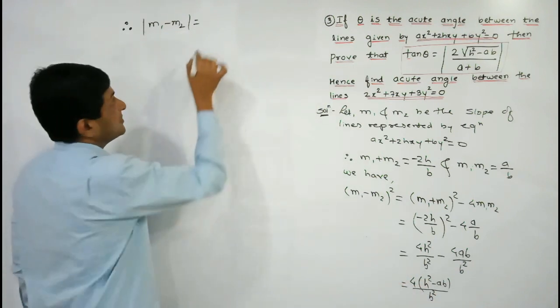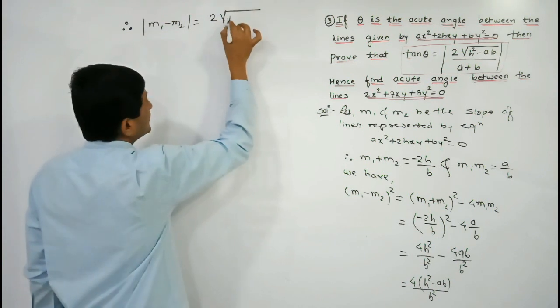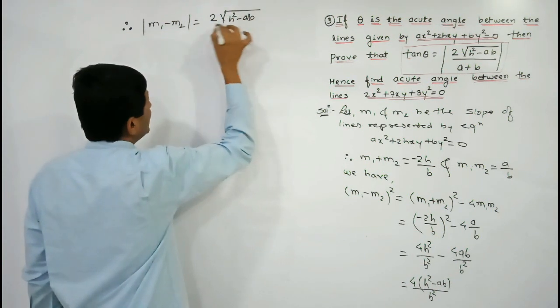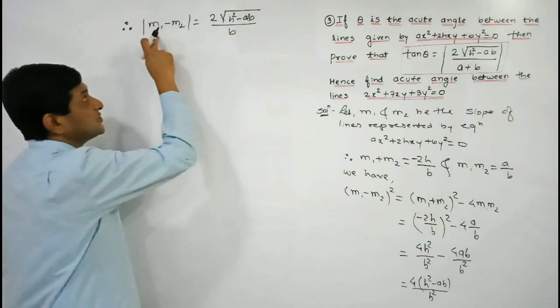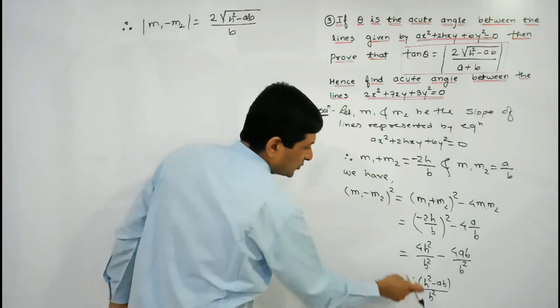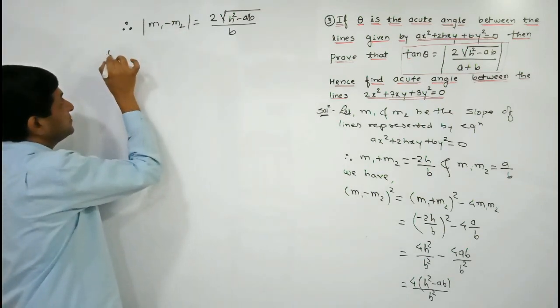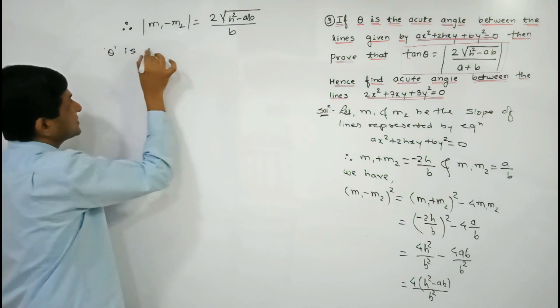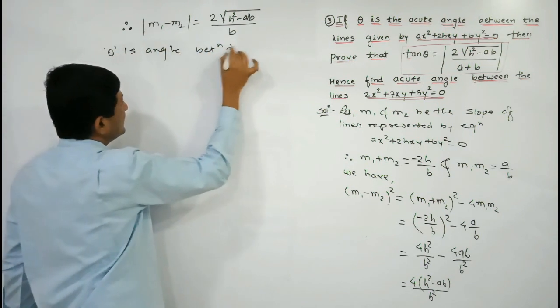Its square root will be equal to square root of 4 is 2, square root of h square minus ab is root h square minus ab, and observe the denominator b square. What is the square root of b square? b. In this way, by taking square root of both sides, we have got the value of the difference. Now here it is given to us that theta is the angle between the lines.